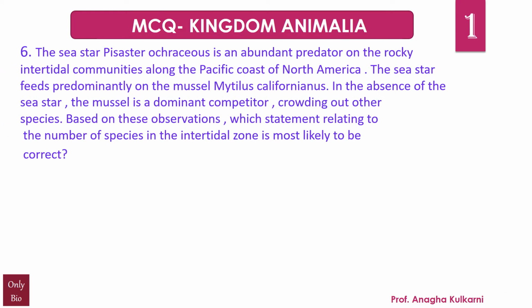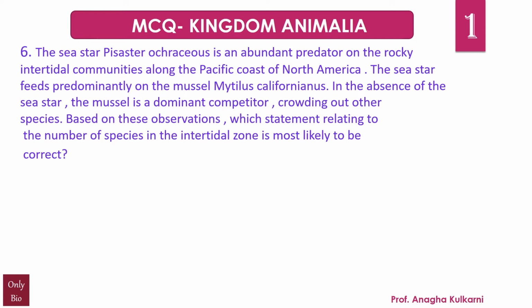Question number 6. The sea star, Pisaster ochraceus, is an abundant predator on the rocky intertidal communities along the Pacific coast of North America. The sea star feeds predominantly on the mussel Mytilus californianus. In the absence of the sea star, the mussel is a dominant competitor, crowding out other species.